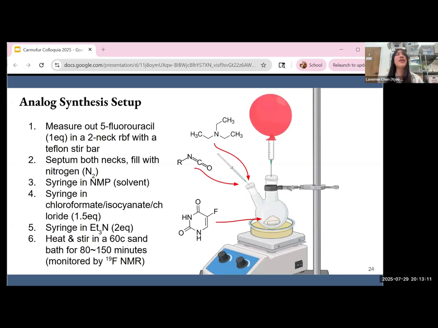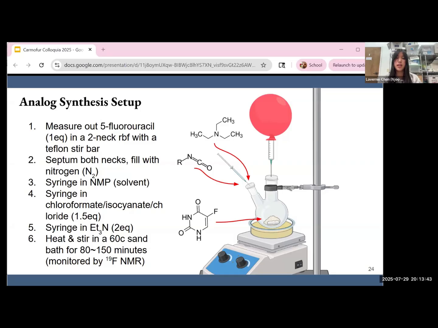To go over how we synthesize these molecules, we have our starting material, which is 5-fluorouracil used as 1 equivalent, and we place it in a 2-neck round bottom with a Teflon stir bar. Attaching a septum to both of the necks, we filled the flask with nitrogen, utilizing the nitrogen balloon as shown on the top right. Then we syringe in our NMP, which is the solvent, and syringe in our other reactants.